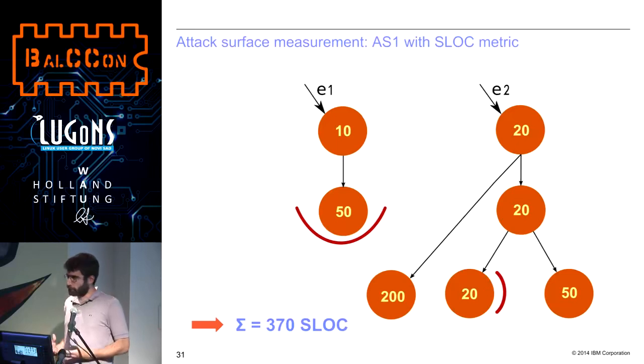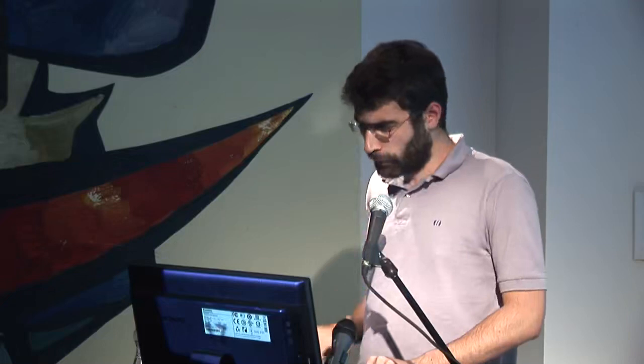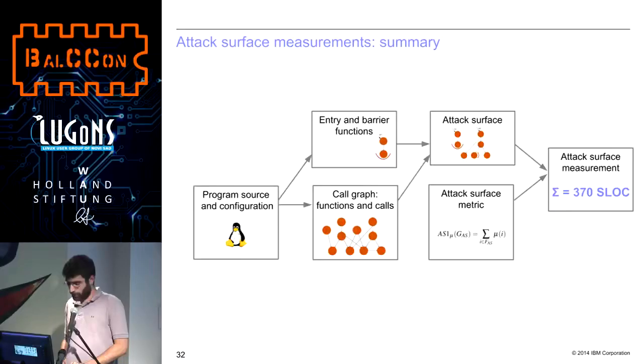And then, as I previously mentioned, you just have to apply traditional code quality metrics, can be the number of lines of code here. And for example, in this example, we end up with 370 lines of code. All right, so let's summarize this. We start with our program source and configuration. In this case, the Linux kernel for a given configuration of the Linux kernel.